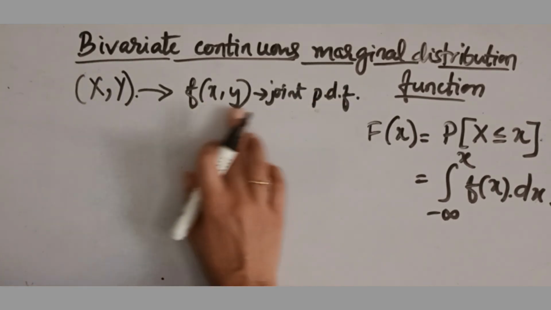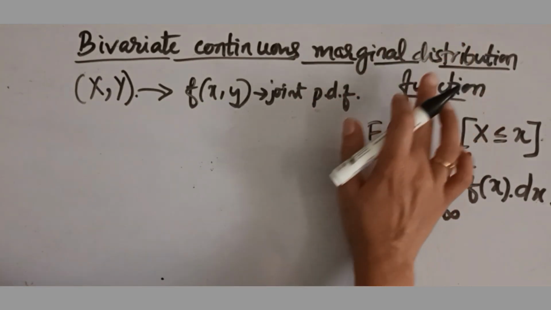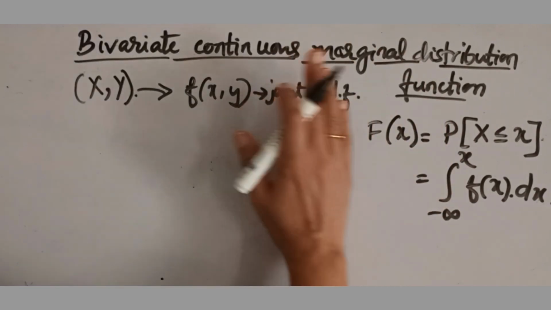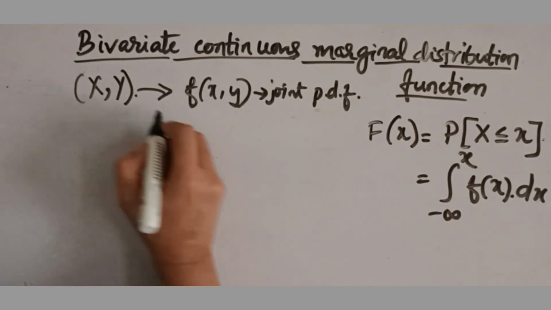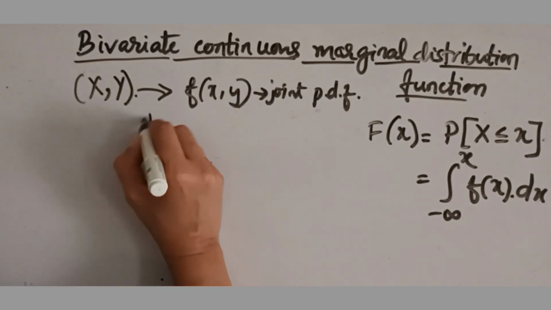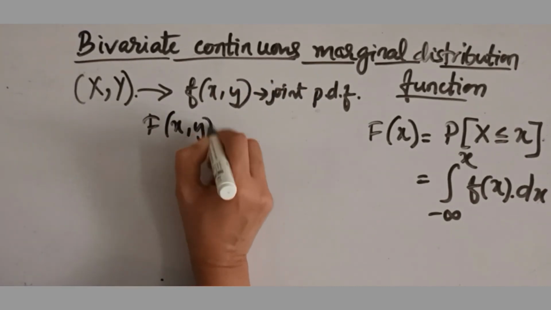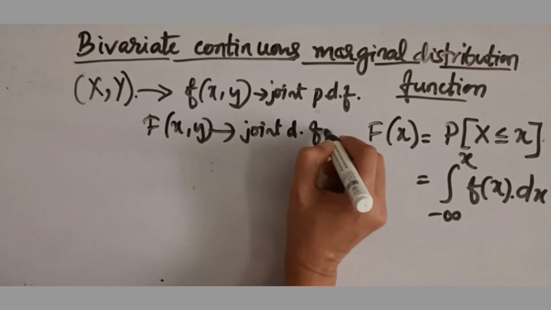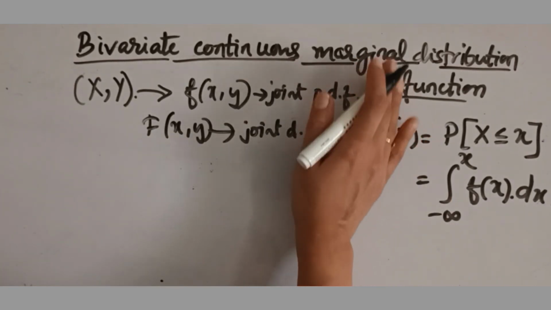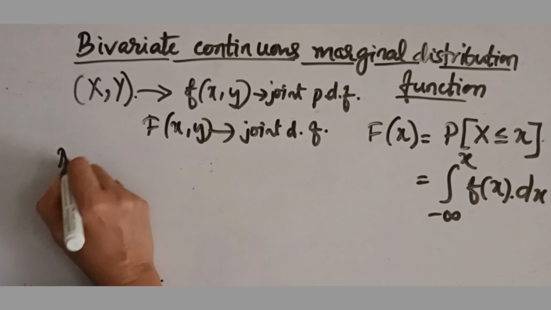Based on this, you have to find the marginal distribution function of x and the marginal distribution function of y. The distribution function denoted as F of x comma y is the joint distribution function. Now I need the marginal distribution function.